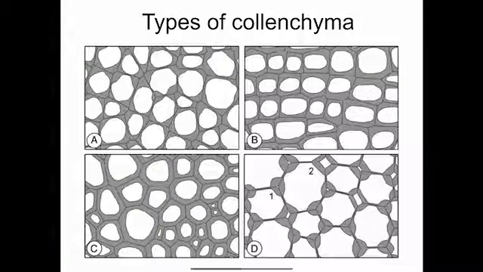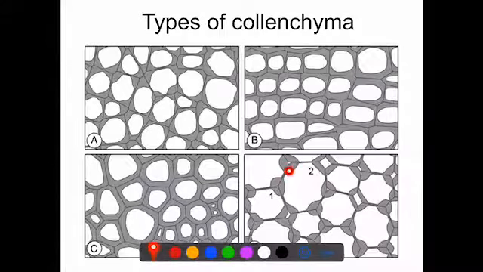If we look at a drawing of different types of collenchyma, you can see quite easily the uneven thickening. So here you can see you've got very thick corners, not so thick in the middle. Thick corner, not so thick. Thick corner, not so thick. This is not just the cell membrane that has pulled away from the cell wall, as we might see in a plant that is flaccid.